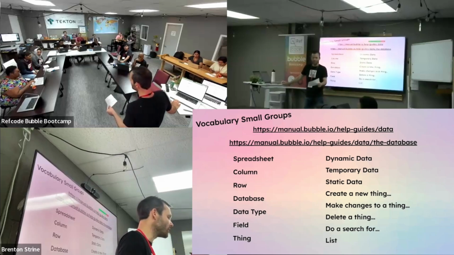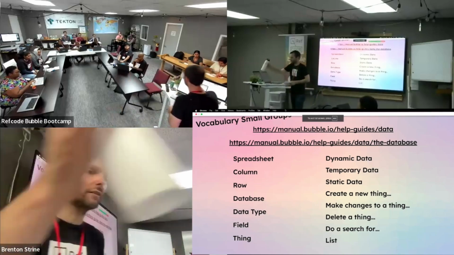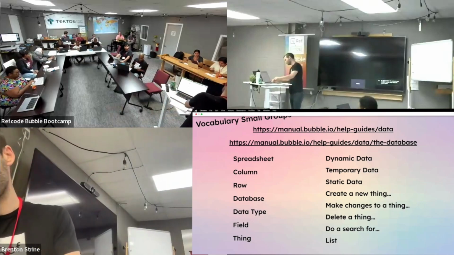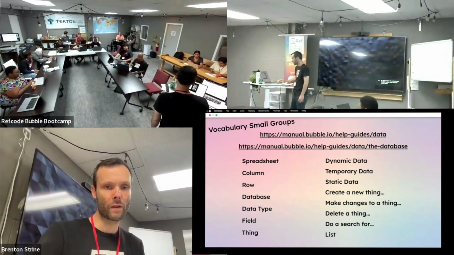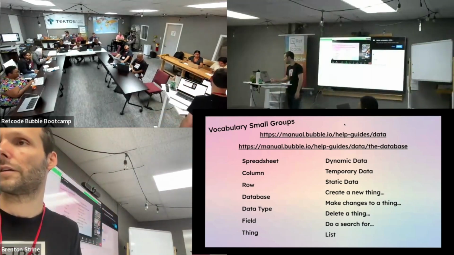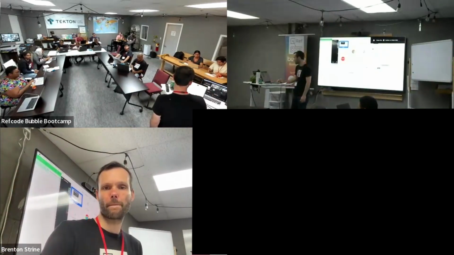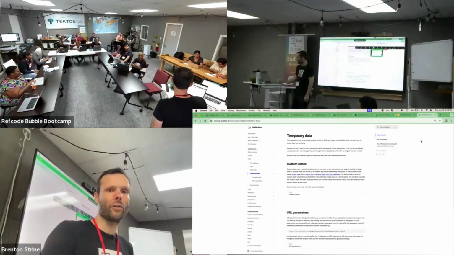Okay, the next one was temporary data. And actually, you know what, we should look at some of these as I'm talking about them. So temporary data, I had to go in and look at this in the manual because I didn't know.